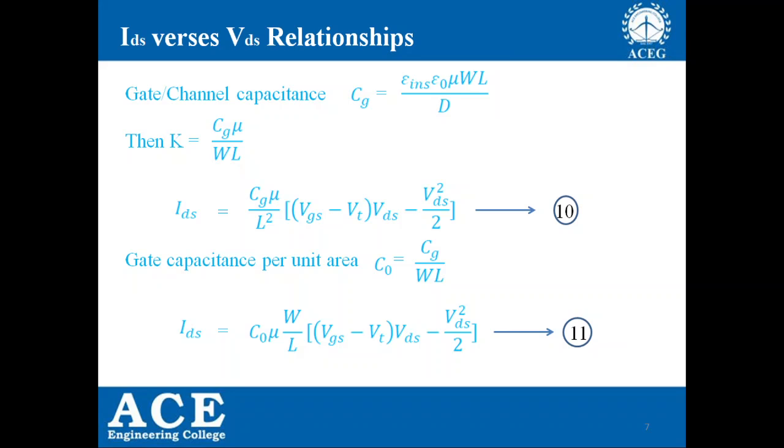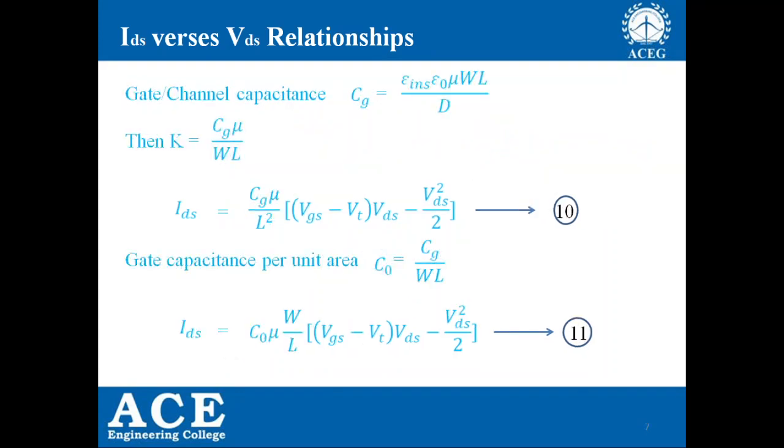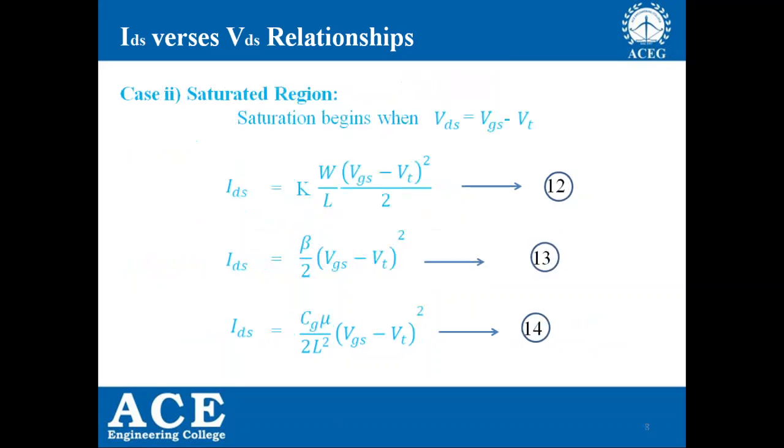Let us name it as equation number 11. So, all these 4: equation number 8, IDS in terms of K; equation number 9, IDS in terms of beta; equation number 10, IDS in terms of Cg; and equation number 11, IDS in terms of C naught. All these 4 equations are very, very important from an examination point of view.